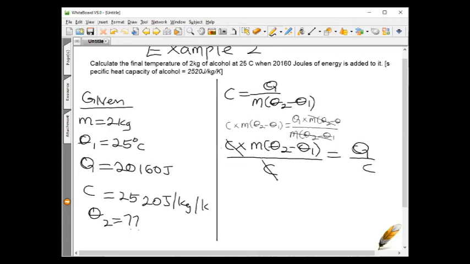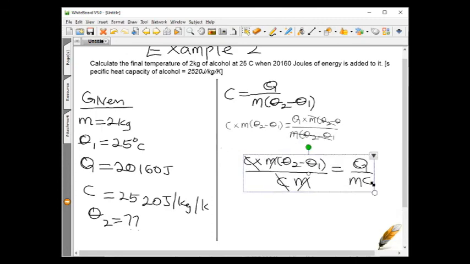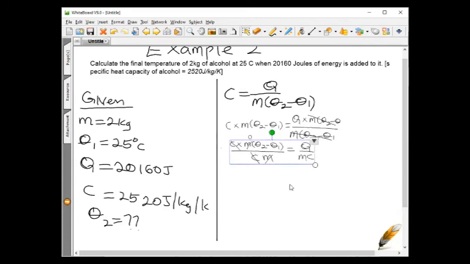And we can also divide both sides by m, and m cancels m. Once that is done, you'll be left with theta 2 minus theta 1 equals Q over mc.